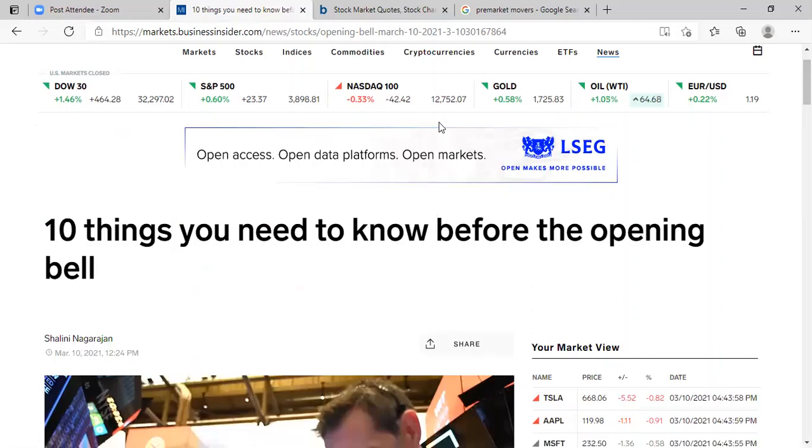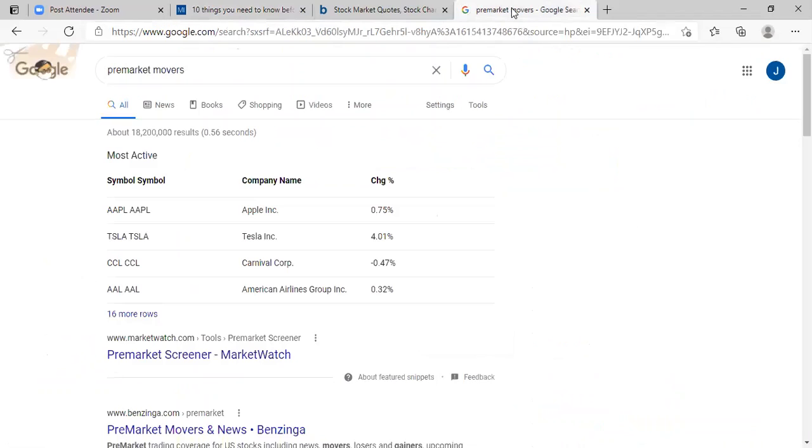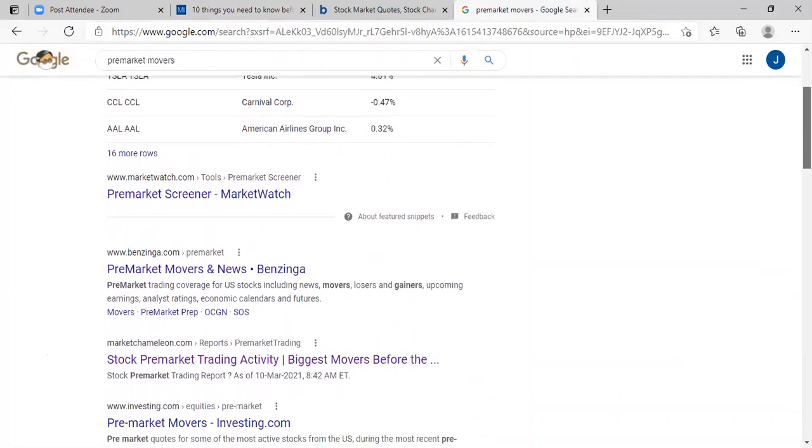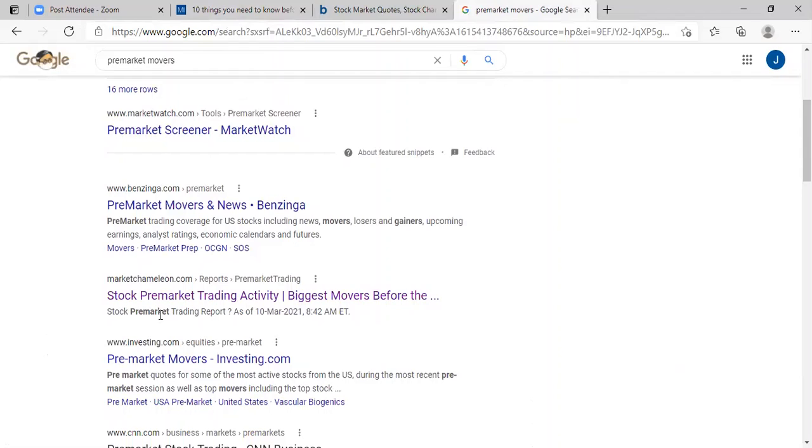Speaking of stocks that you may want to take a look at, that you might want to add to your watch list, you go over here to pre-market movers, and you can just type this phrase into Google, pre-market movers, and then you'll get a wealth of information about different stocks that are growing in the pre-market, or losing in the pre-market.